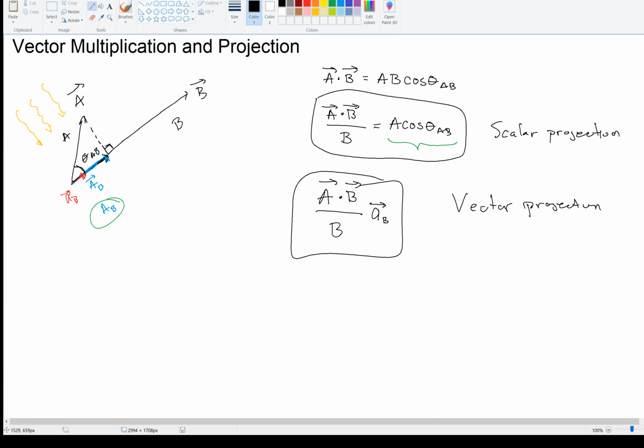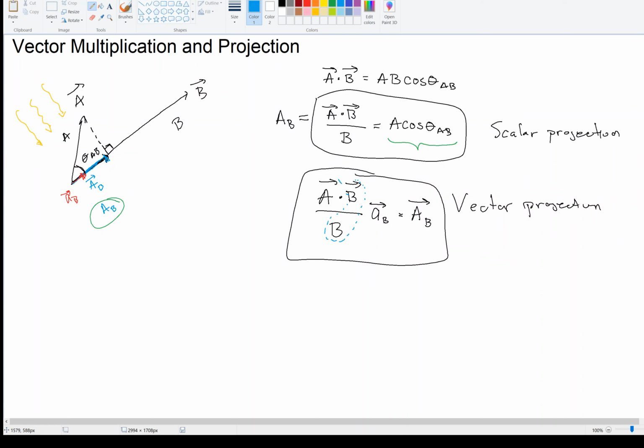And so this would be equal to A projected onto B like that, whereas this guy is A without the arrow projected onto B. Now notice one last thing here. This guy here, vector B divided by its own length, is a unit vector that points in direction B. Do you remember that from the previous video?